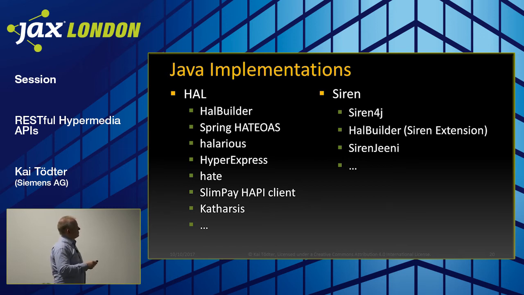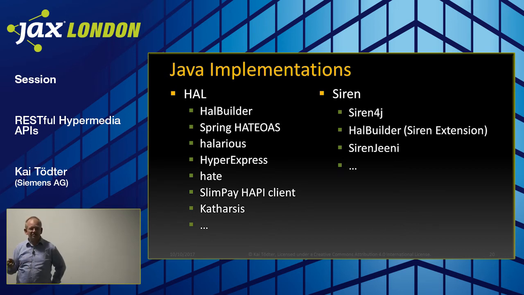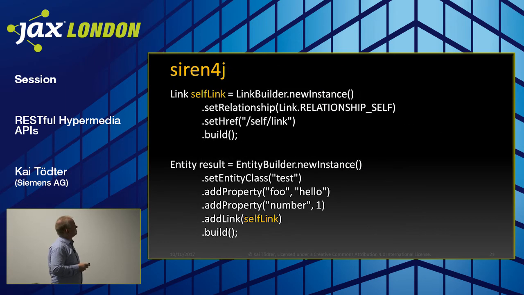And for Siren there's a few. These lists are not complete, but I assure you there are many more HAL-related implementations than Siren. Then there's a few Collection+JSON, a few Hyper, a few Uber, and so on and so on. But for HAL, there's the most stuff.